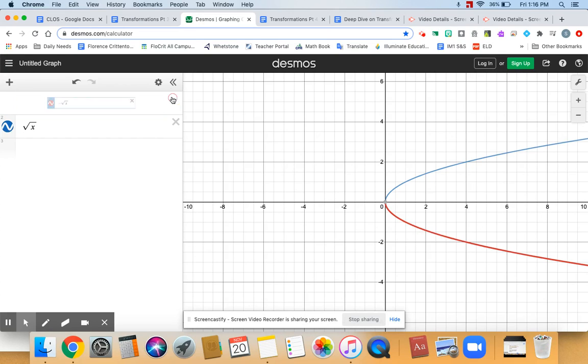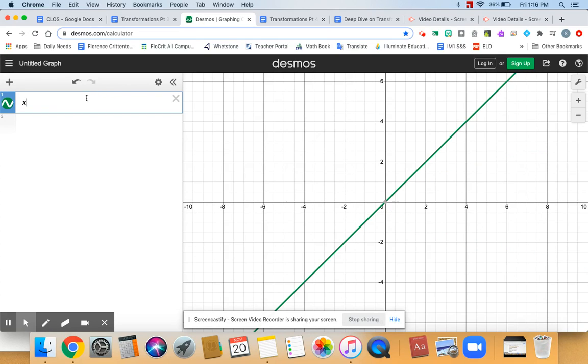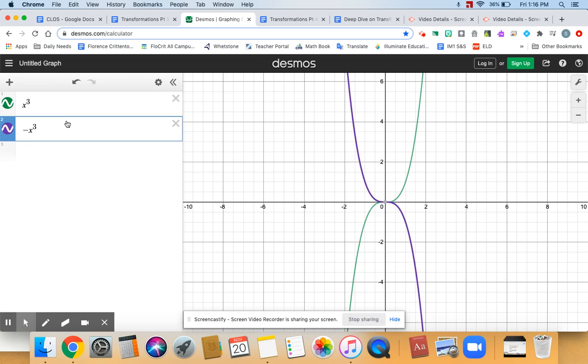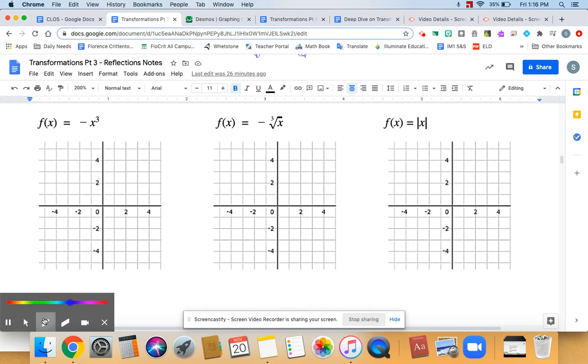For the cubic, this is the positive version. This is the negative version. So the positive versus the negative. So the negative has a point at 0, 0. And then it's right and down.